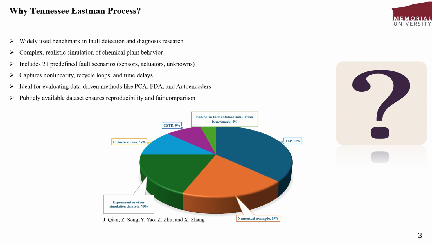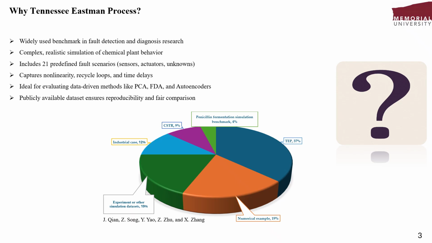We can ask a question: why the Tennessee Eastman process? The Tennessee Eastman process is the most popular testbed in fault detection and diagnosis, and over 37% of published studies are related to Tennessee Eastman.